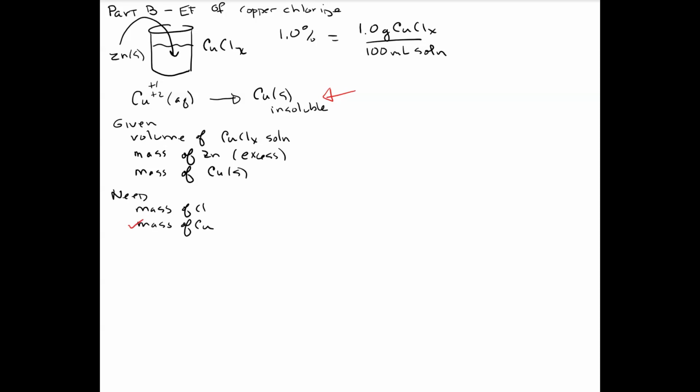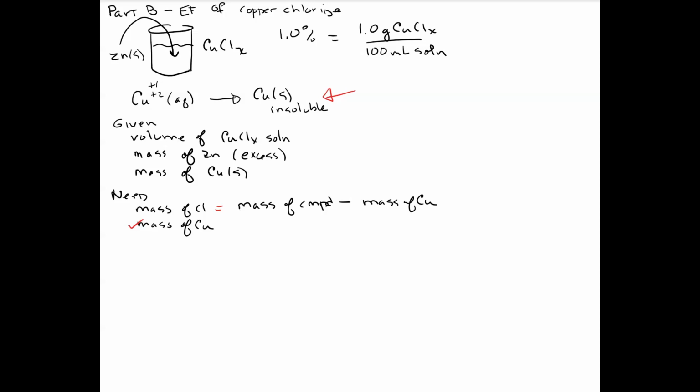The mass of the chloride we have to be able to calculate. The mass of the chloride is going to come from the mass of the compound minus the mass of the copper.